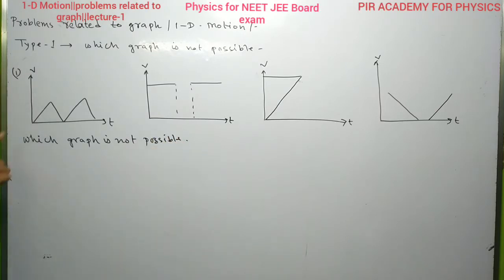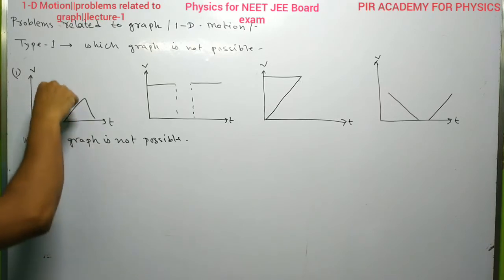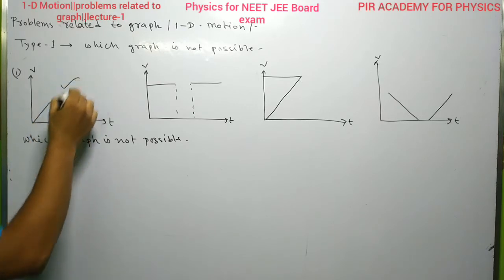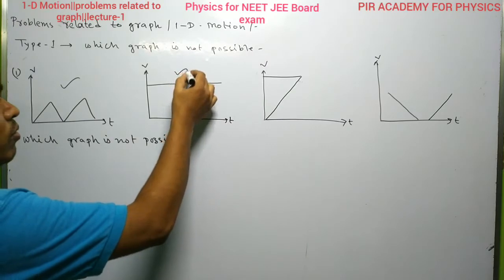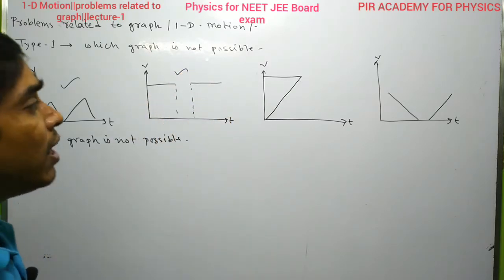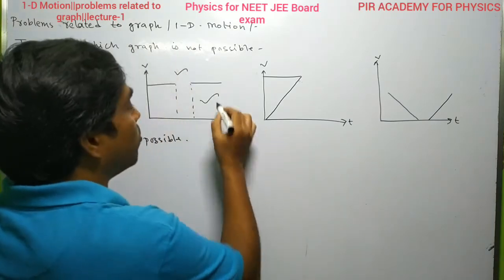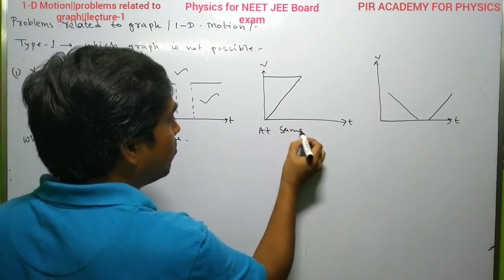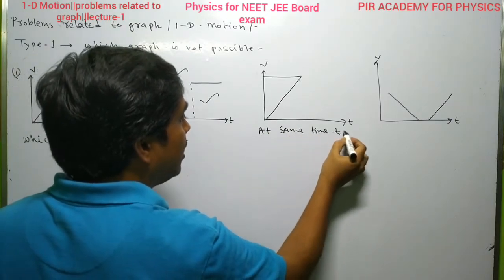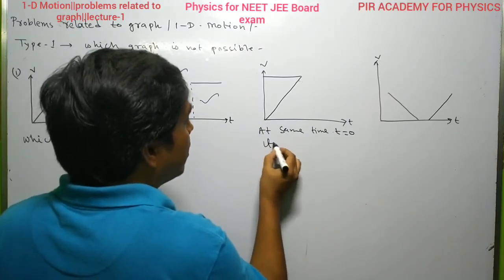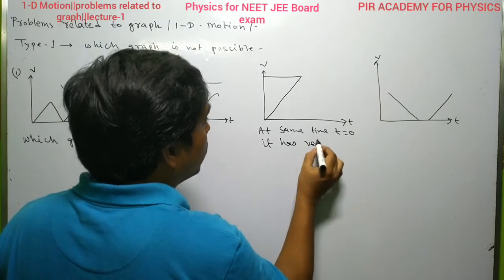Here the velocity and time change. It has a specific acceleration, so it is possible. This one is also possible: it is a constant velocity after some time. This is possible too. But here, at t equals 0, the particle has two velocities.